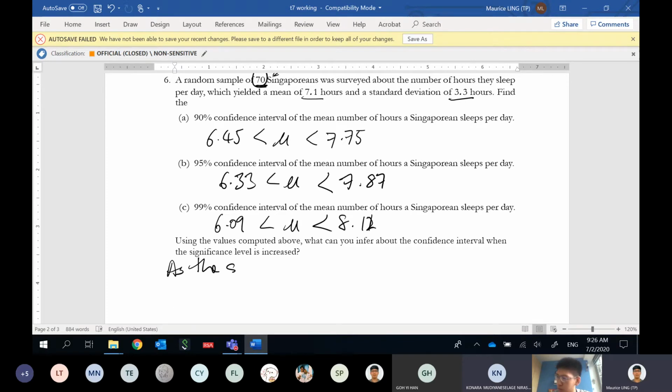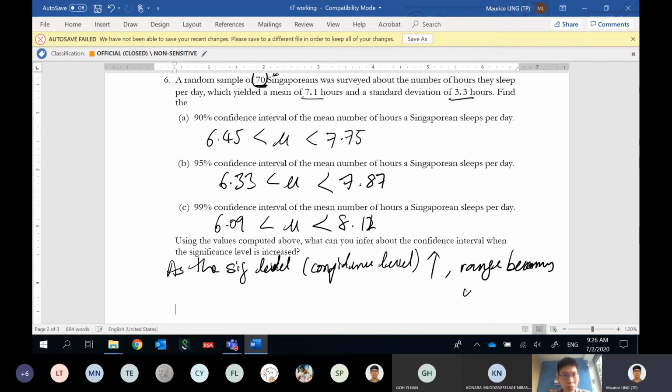Yeah, basically that's what it means. So can you actually have 100% confidence?